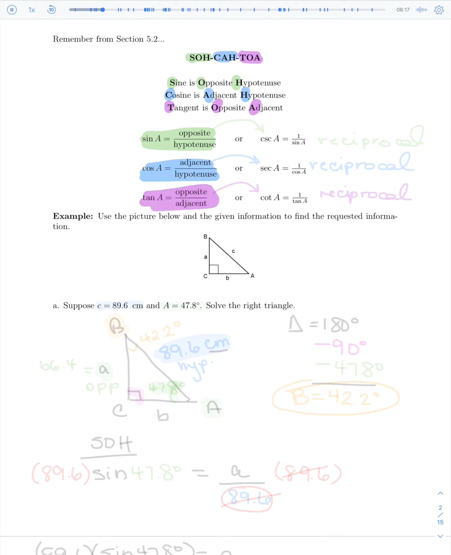And remember, secant, cosecant, and cotangent are all reciprocals of them, which means take them and flip them upside down. So the reciprocal of tangent is cotangent. The reciprocal of cosine is secant.